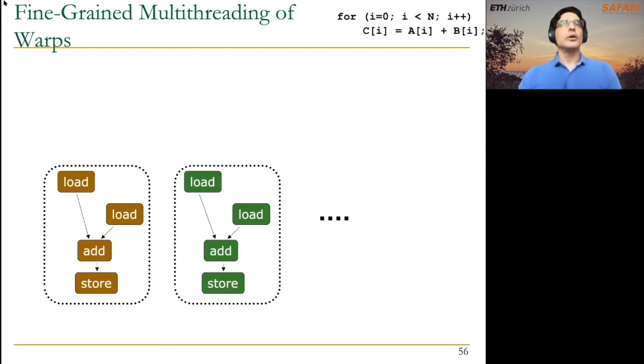Okay, so yeah, this is where we are, fine-grained multi-threading of warps. We are now going to talk about the ability of GPUs of executing warps and instructions for the warps in a fine-grained multi-threaded manner. We already know that GPUs are internally SIMD engines.